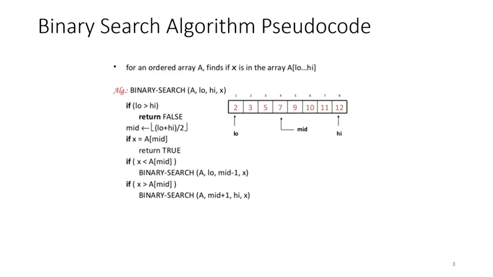For a given x, it either satisfies less than a midpoint or greater than a midpoint. So that's all about the algorithm. In each step, we are dividing the length by 2, and we look for the number that we are trying to find.